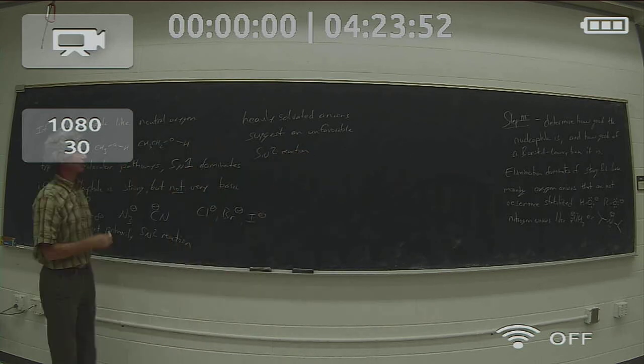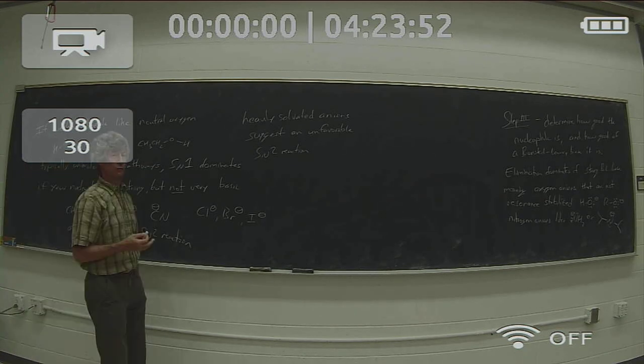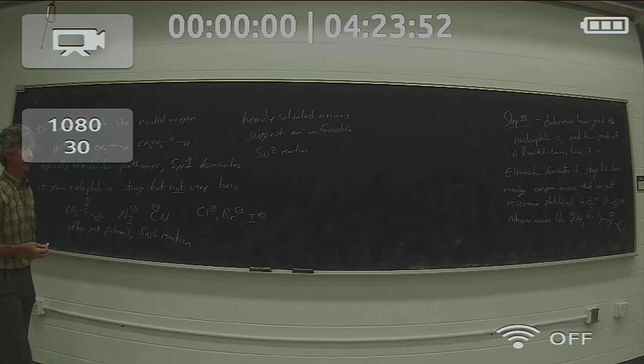In the absence of some other compelling factor, we will assume that heavily solvated anions will produce SN1 pathways.